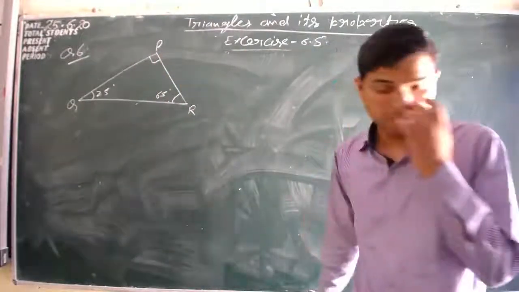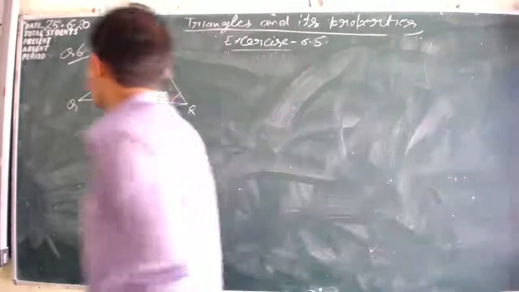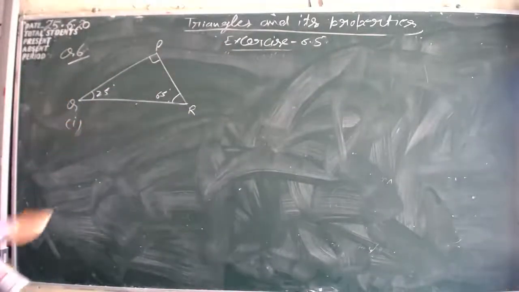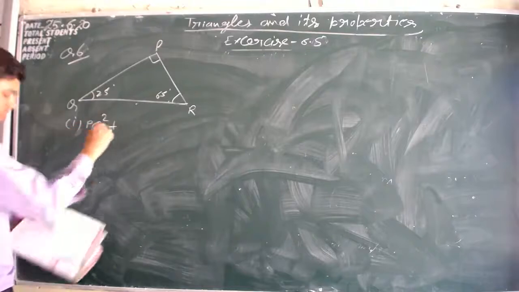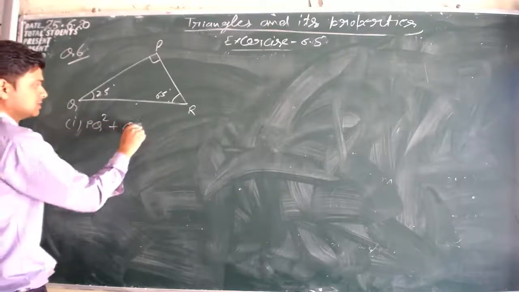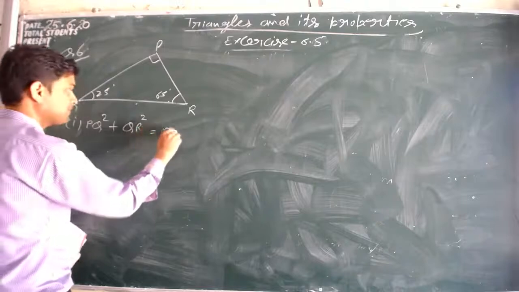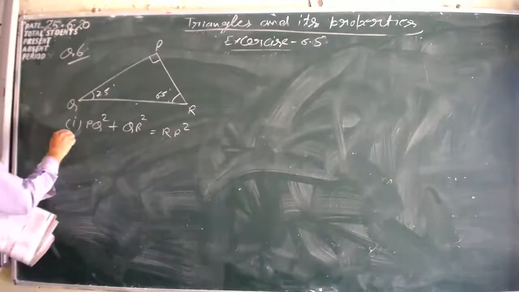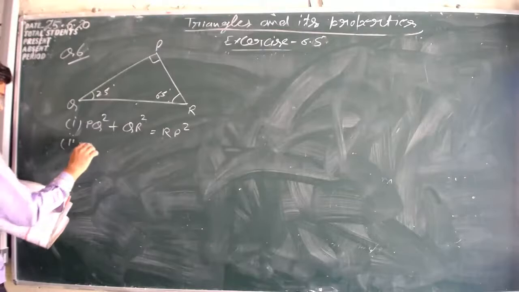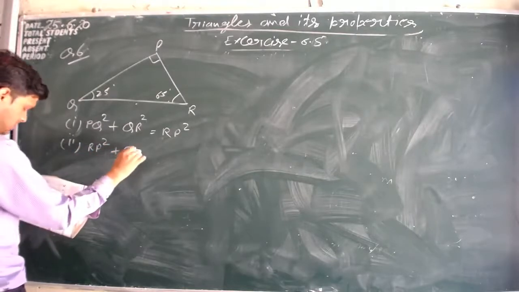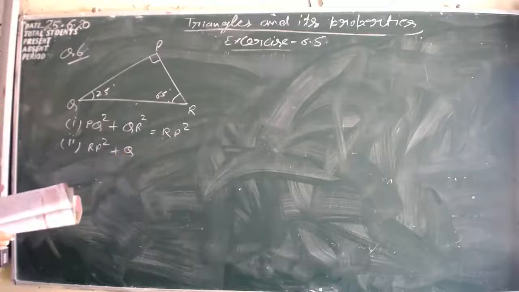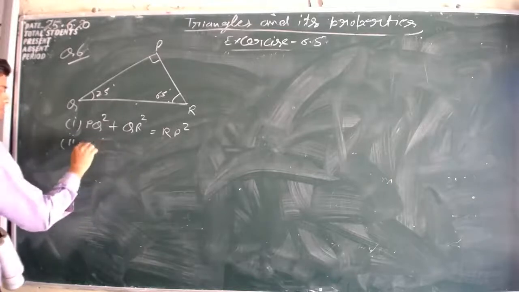Now we have to think that this statement is true. So three statements are given here. कौन से हैं? First statement is this. Second statement is this. RT square is equals to plus PQ square.